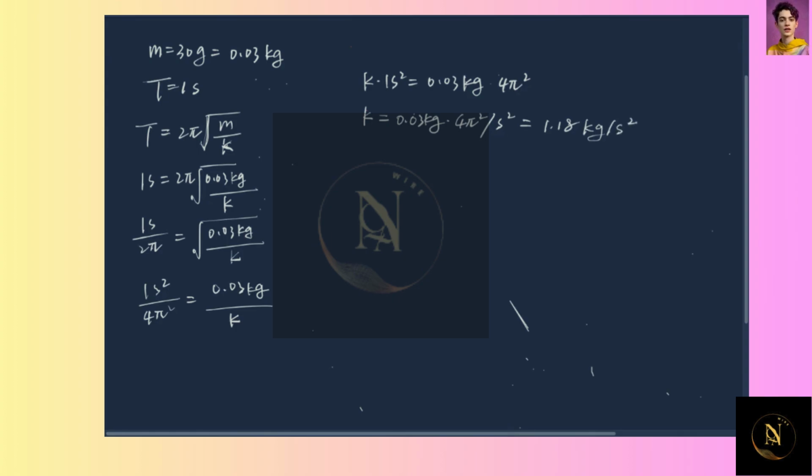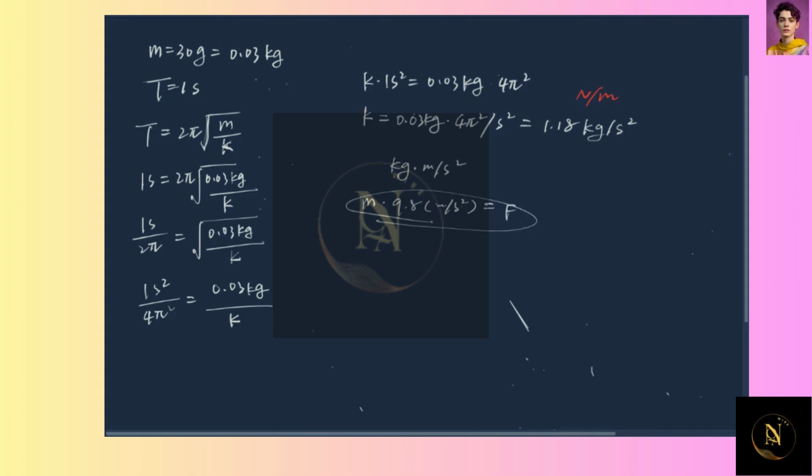You might want to ask how we can convert this into Newton per meter, which is the standard unit we use for spring constant. Well, if you recall how we convert kg into Newton, the unit over there is kg times meter per second squared, because you always do mass times 9.8, or sometimes 10, meters per second squared, which equals the Newton, the force you have here.